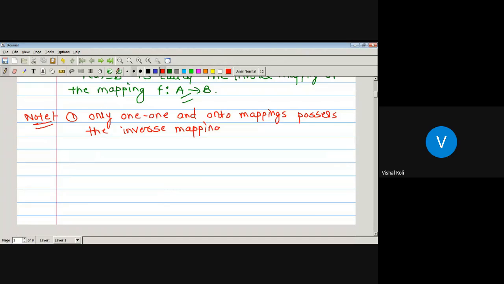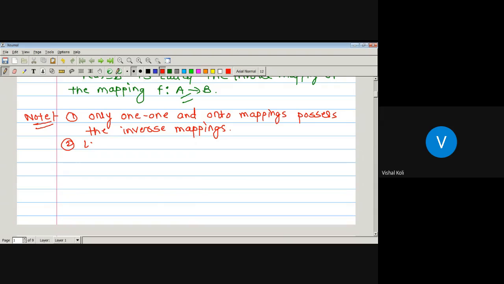If f is a function from A to B which is both 1-1 and onto, then only its inverse mapping will be possible. If f is any function which is either not 1-1 or not onto, then the corresponding mapping does not possess an inverse mapping. So for an inverse mapping, the corresponding mapping must be both 1-1 and onto. Then only it possesses the inverse mapping. Otherwise, it is not possible.